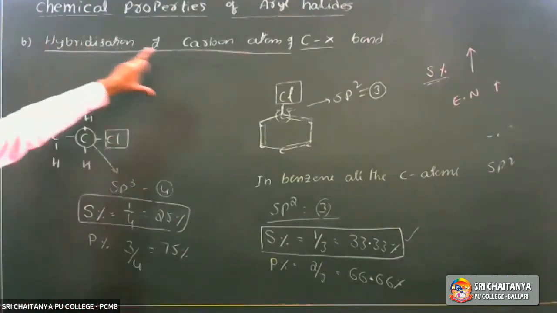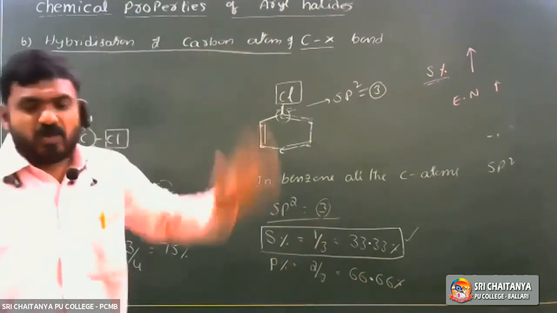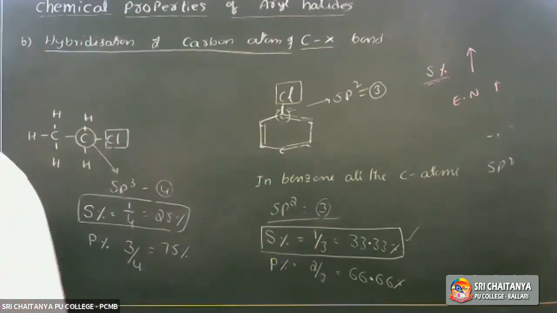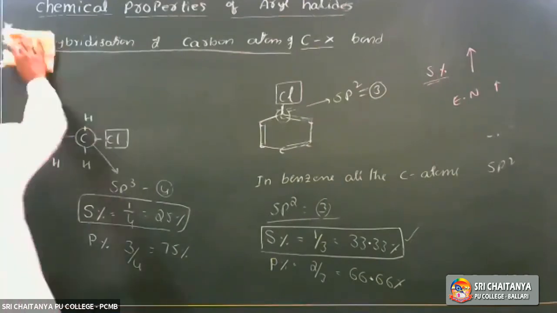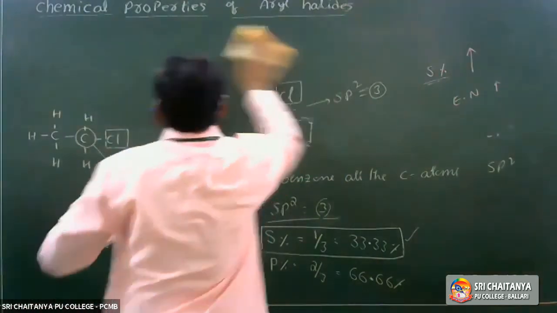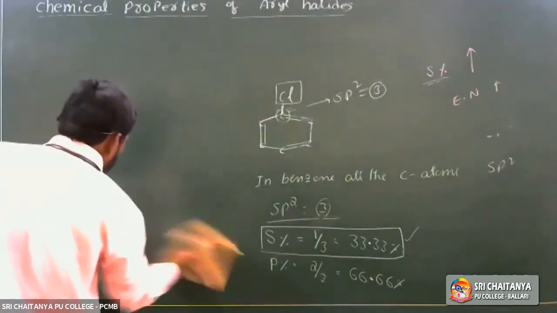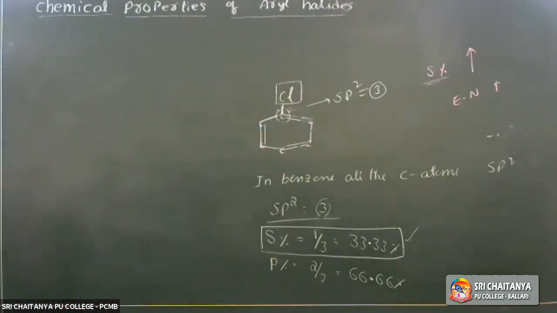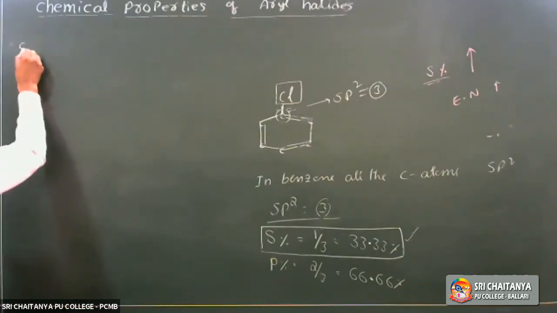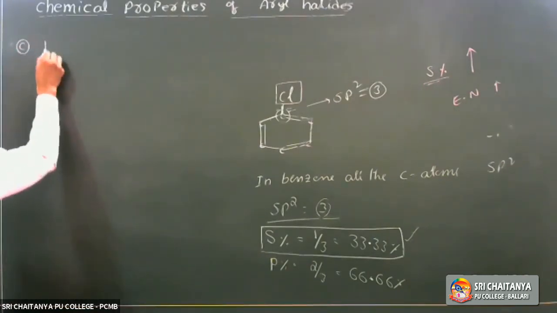The second one is the hybridization of the carbon atom of the C-X bond. Next, the third reason. It is also an important reason. The third reason is the polarity of the C-X bond.